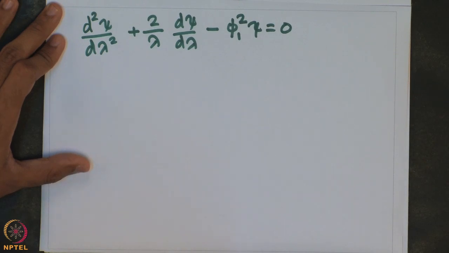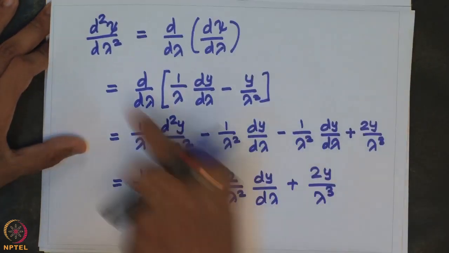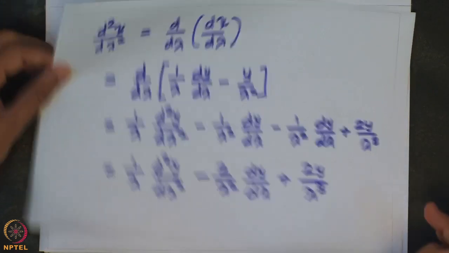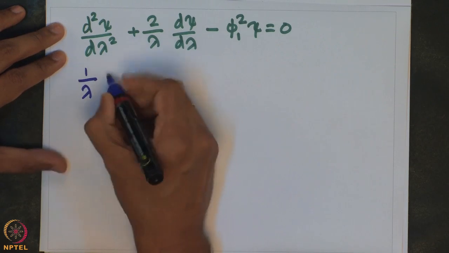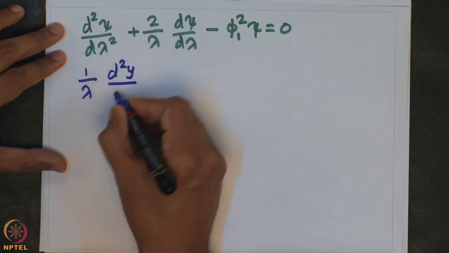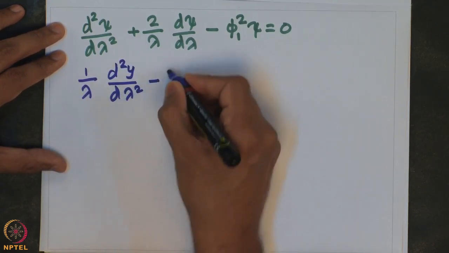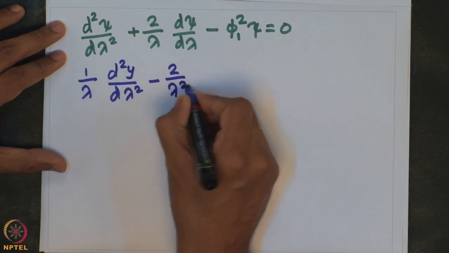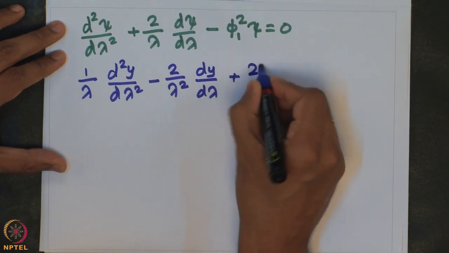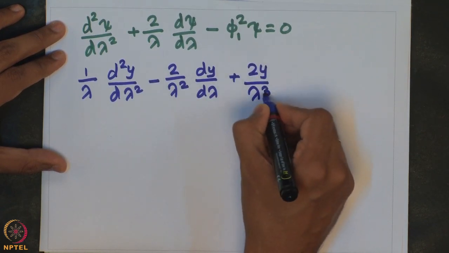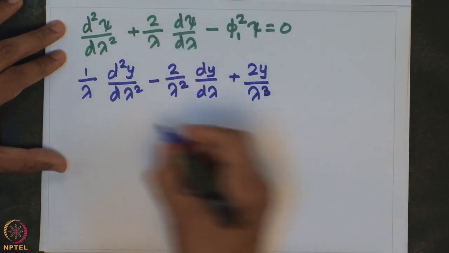From this expression we can substitute d square psi by d lambda square, which is essentially equal to 1 by lambda d square y by d lambda square minus 2 by lambda square dy by d lambda plus 2y by lambda cube, and now we need to substitute for the first derivative.